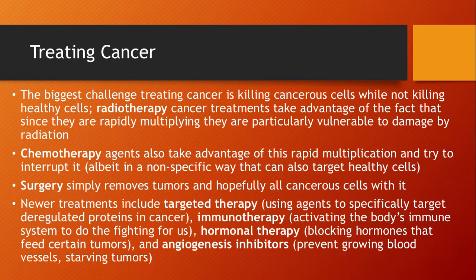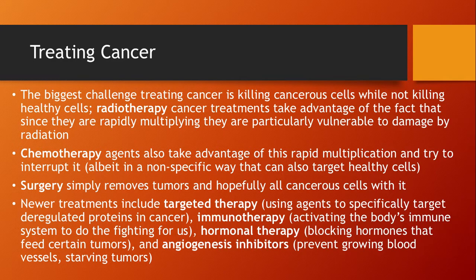Surgery simply removes tumors and hopefully all the cancerous cells with it. Okay, so those are three really common ways that doctors have gone about treating cancer. Chemotherapy is one of the most common ways, but it also has the disadvantage of targeting healthy cells.